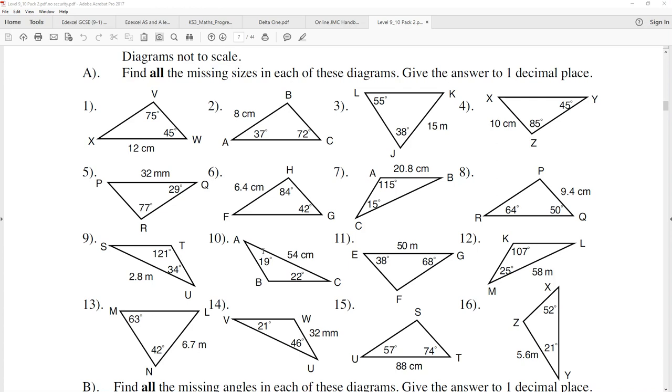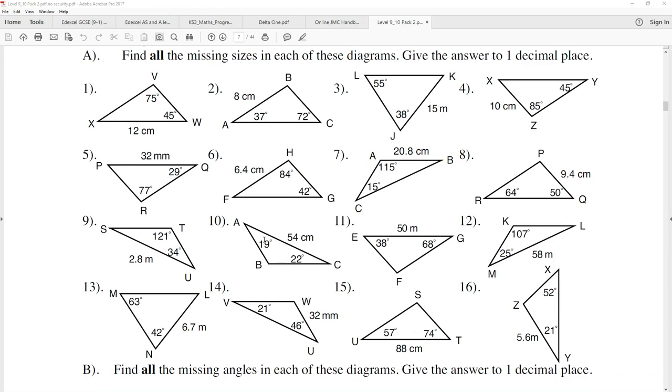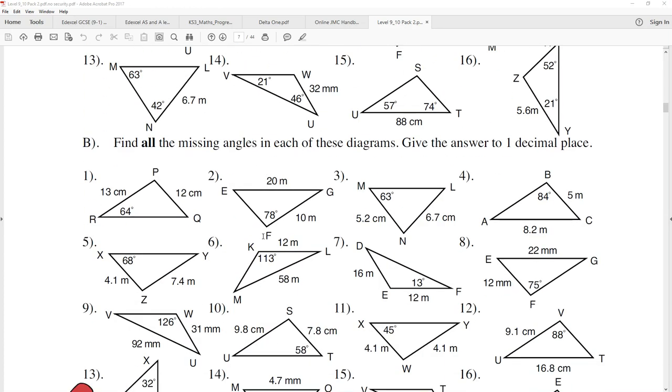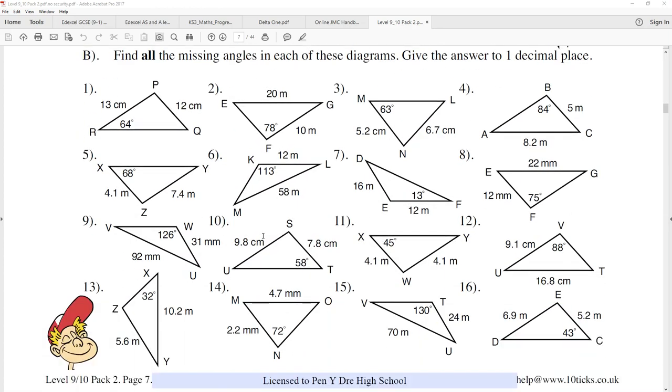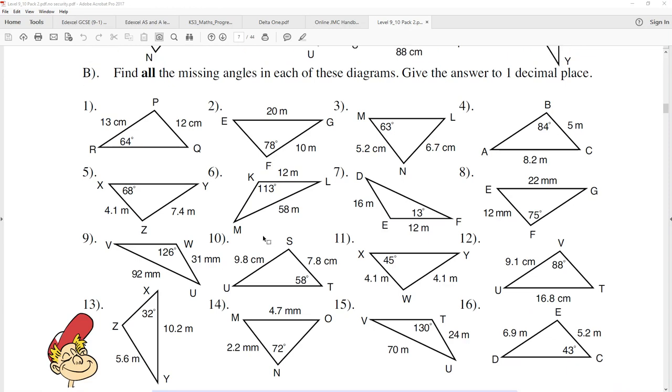Hit pause and off you go. Once you're done, you've got to find the missing angles this time, to 1 decimal place. Okay, good luck.